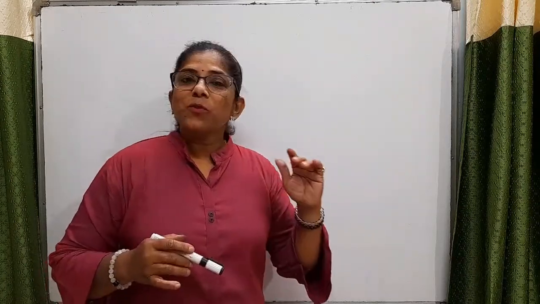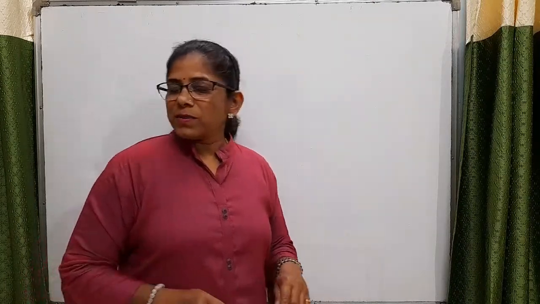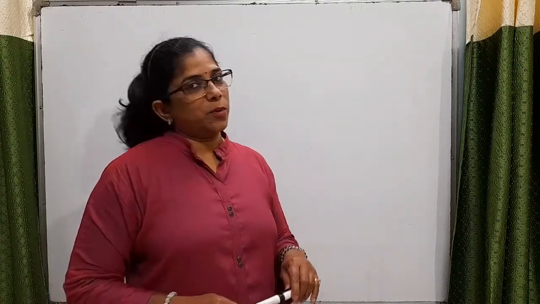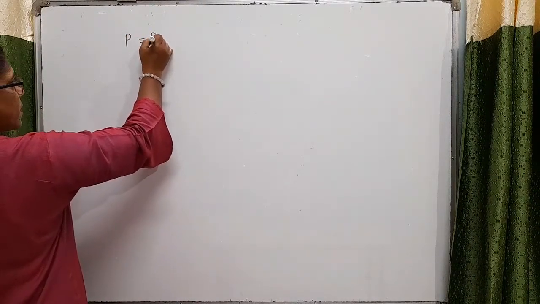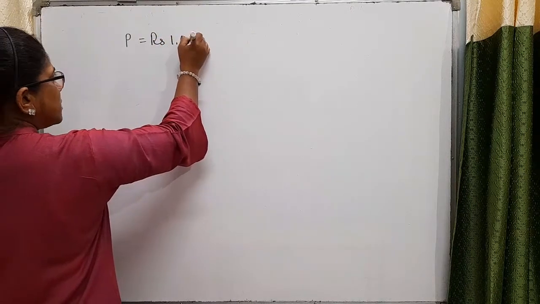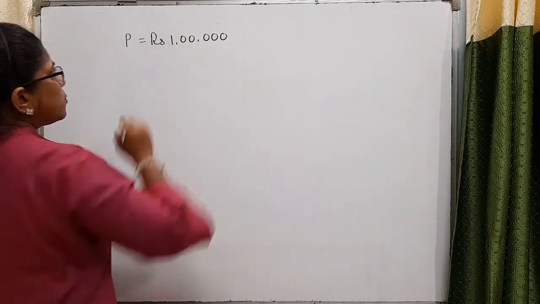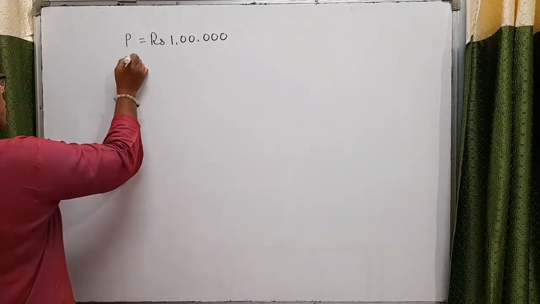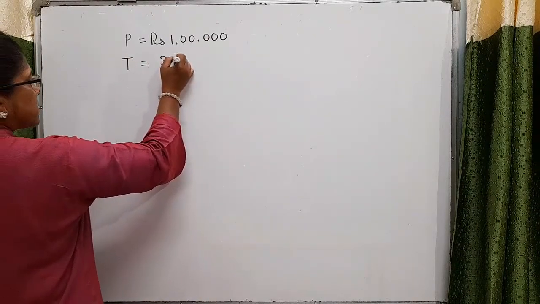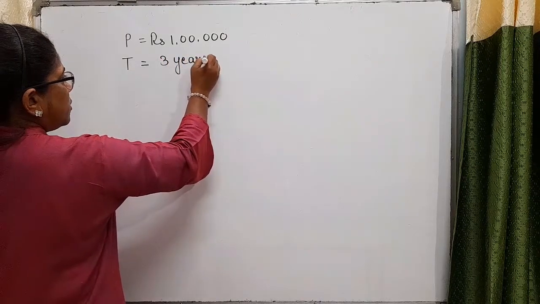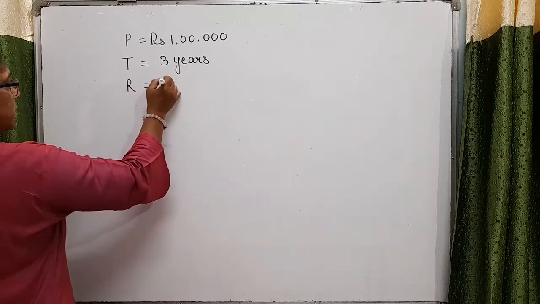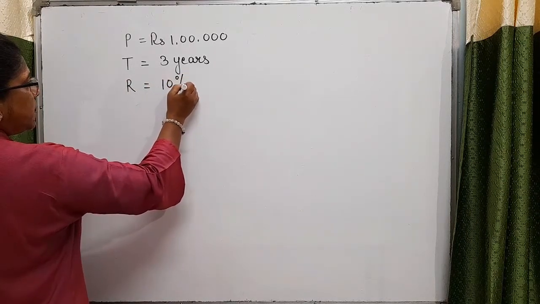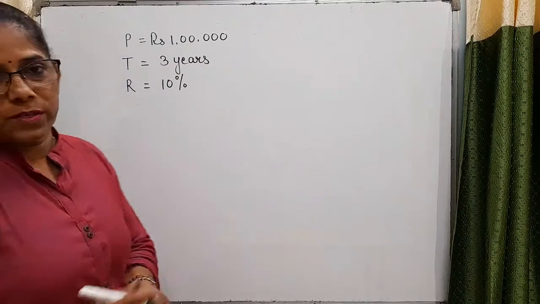Now let's start with today's concept, that is simple interest and compound interest. We will consider one example. Let's say we are borrowing 1 lakh rupees, and let's say for 3 years, and the bank is charging interest at the rate of 10%.